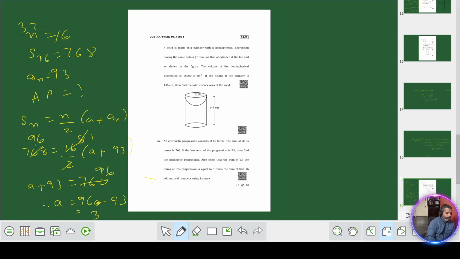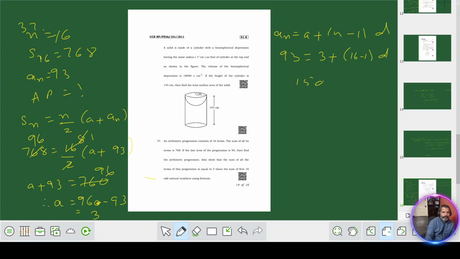Since a is 3, we have to find d here. How? Because we know a, an and n, we can find d. That is an is equal to a plus n minus 1 into d, right? an is 93, a is 3 plus n minus 1 is 16 minus 1, into d.